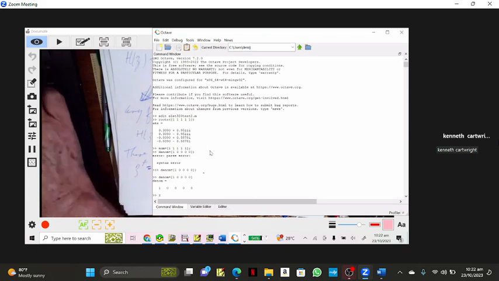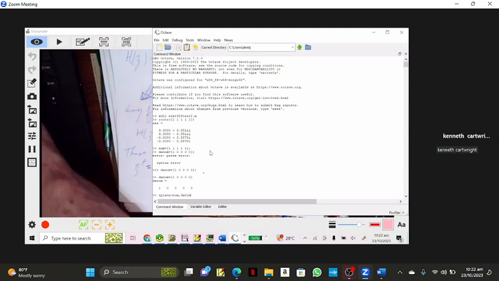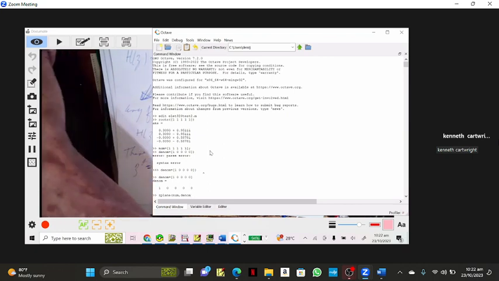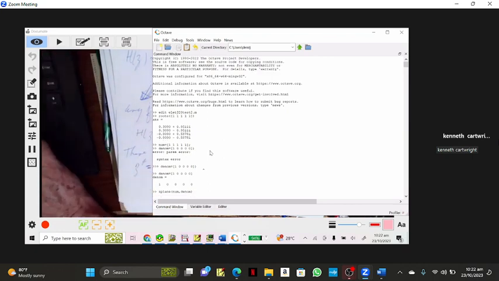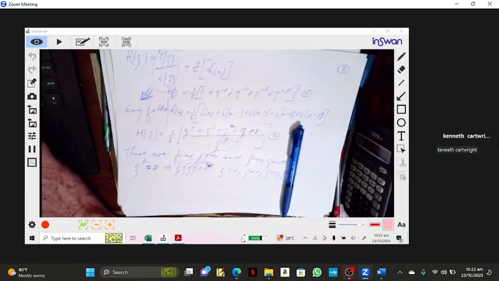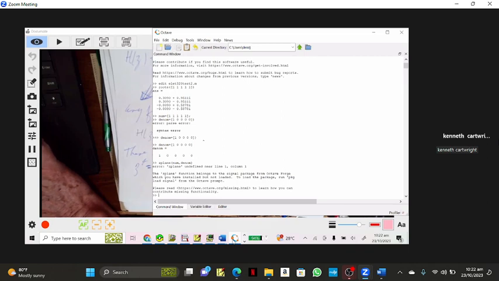And so, what is it? zplane. zplane takes the numerator first, and then the denominator. Oh, I have to load the package first.